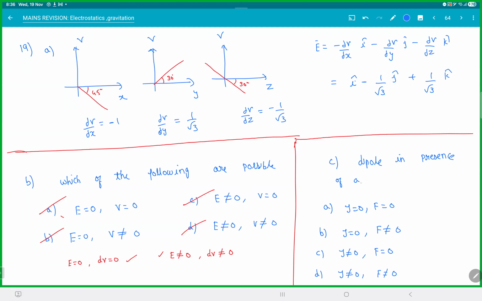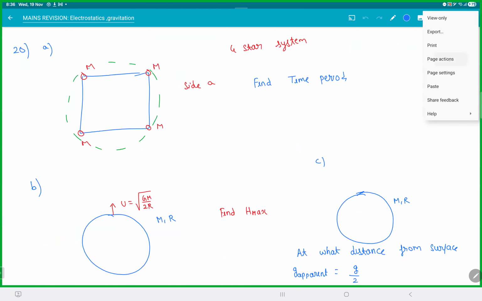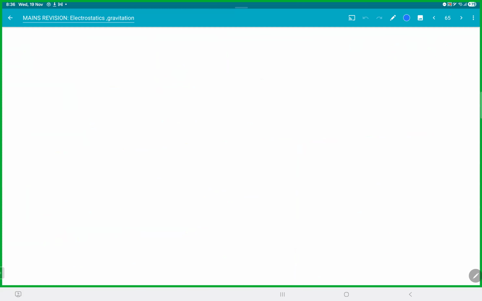We have done this in the class notes. Exact same question. Then what will happen? Can torque be 0? The torque can be zero.